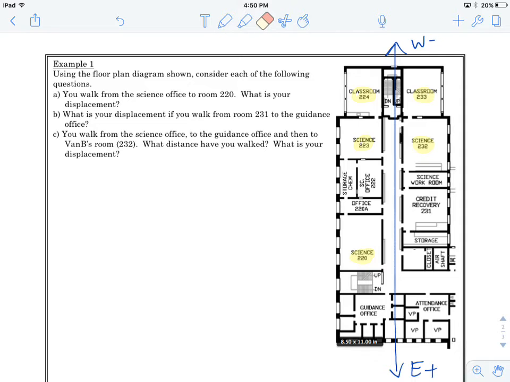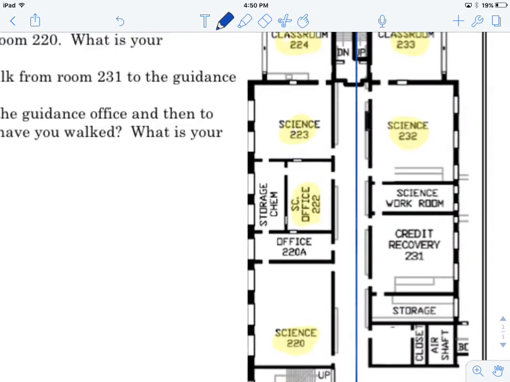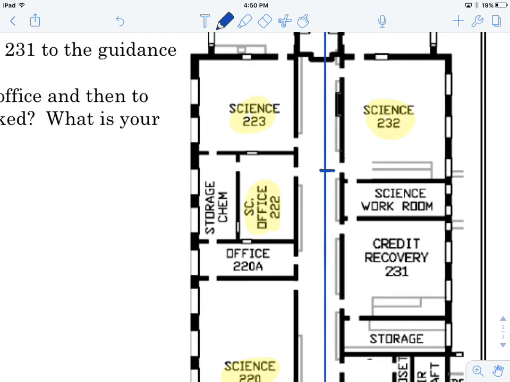So you walk from the science office. Science office is here in room 222 to room 220. What's your displacement? Okay, so the first thing that we need to do is we need to make something 0. And so what we're going to do is we're going to make this position right here outside of the science office door. That's going to be 0.